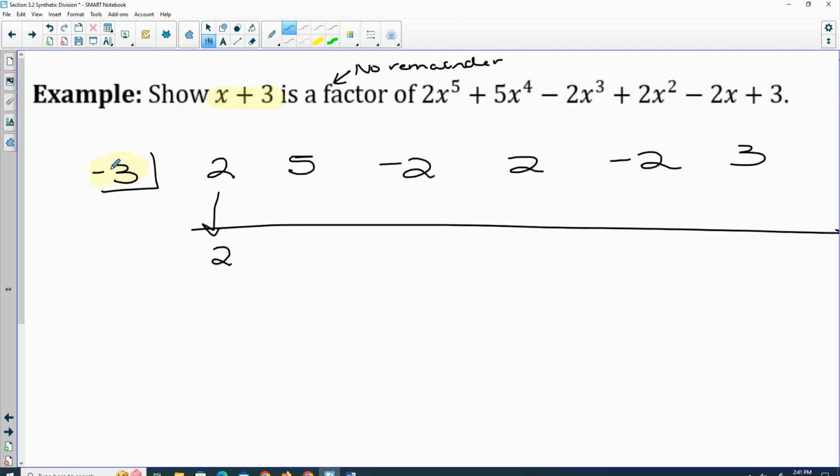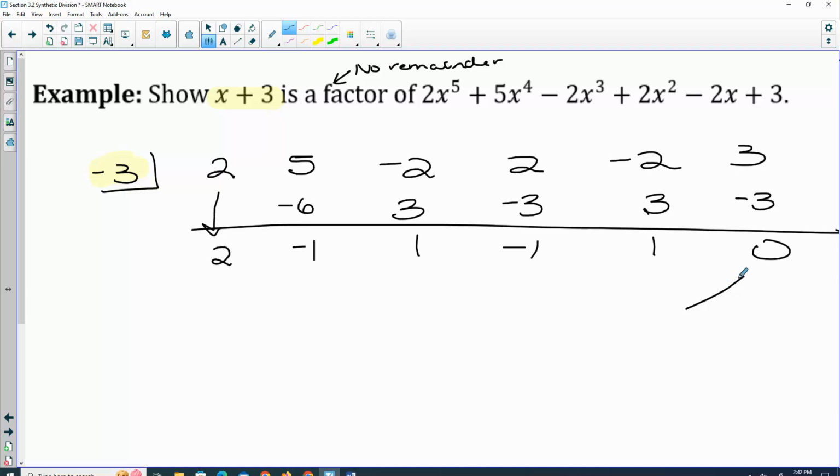So 2 times negative 3, 5 plus negative 6, negative 1 times negative 3, negative 2 plus 3, 1 times negative 3, 2 plus negative 3, negative 1 times negative 3, negative 2 plus 3, 1 times negative 3, 3 plus negative 3, 0.